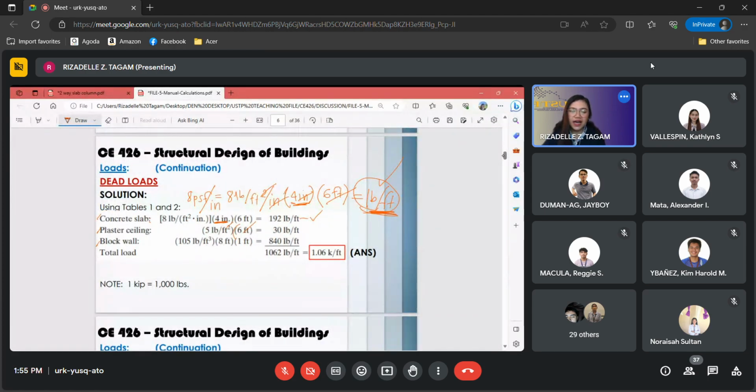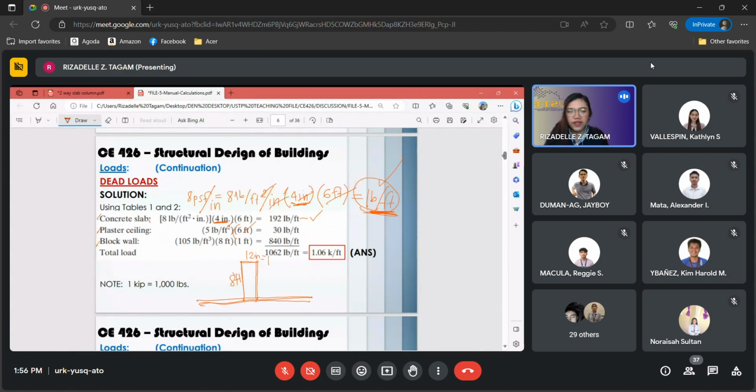The difference is, when we do walls, we can no longer use the tributary area, because the tributary area is for the floor area. When we compute the walls, we use the dimensions of the wall. Like 8 feet, and then this 1 foot is the 12 inches thickness.